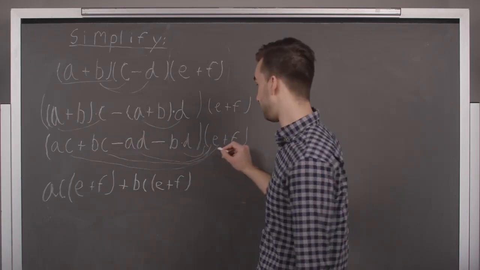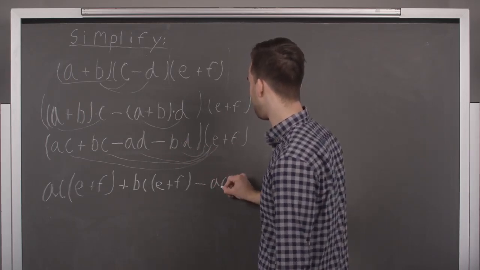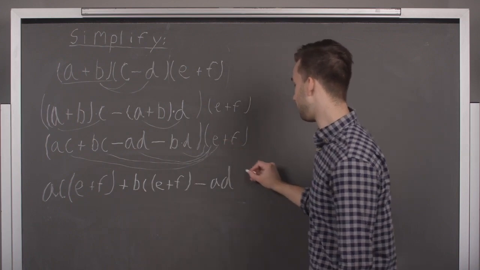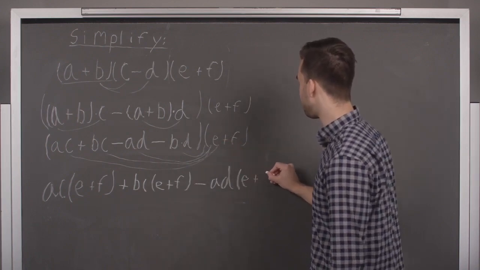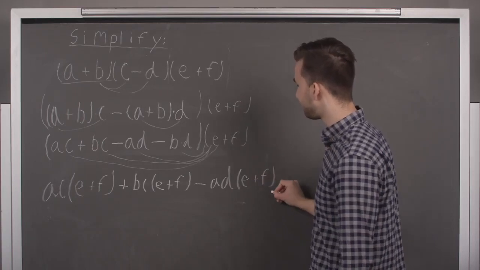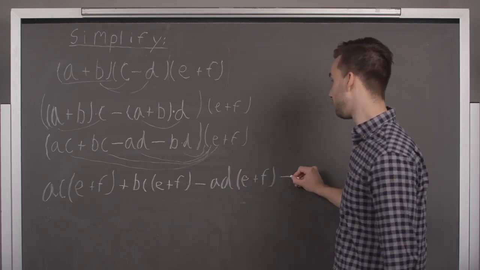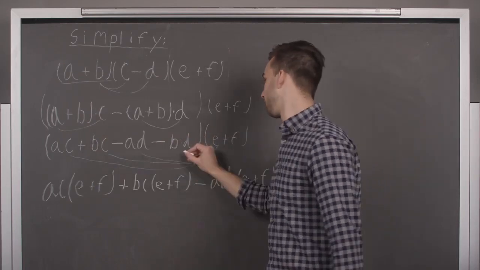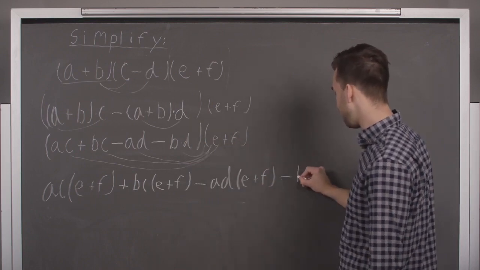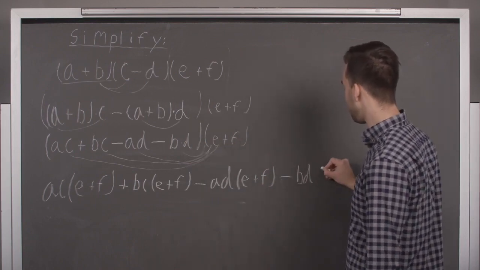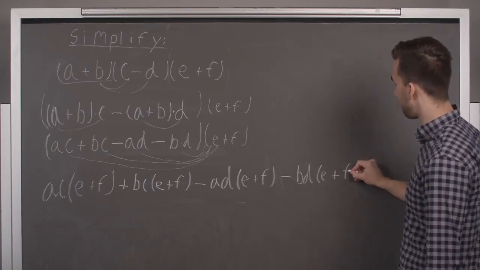So we write it as minus AD times our E plus F, the outside element, and then we have another minus here, minus our fourth element times the outside. So minus BD times E plus F.